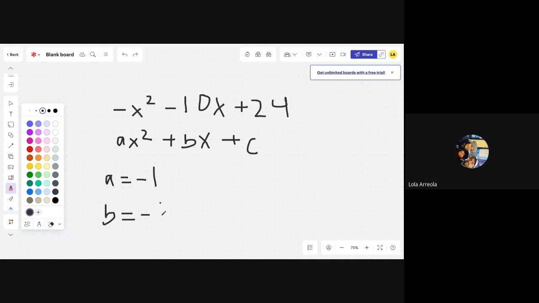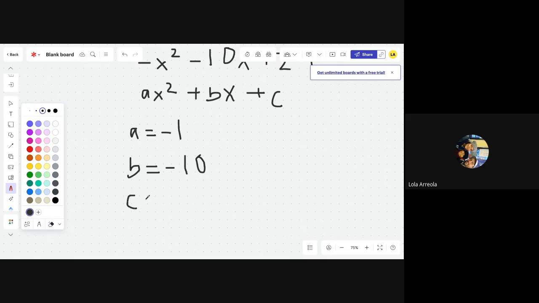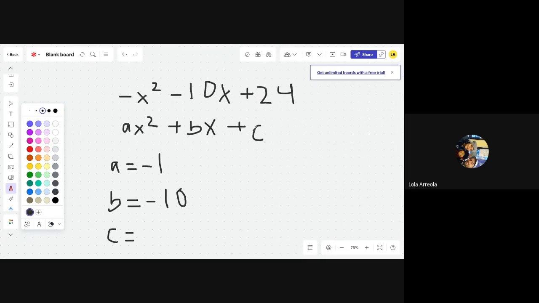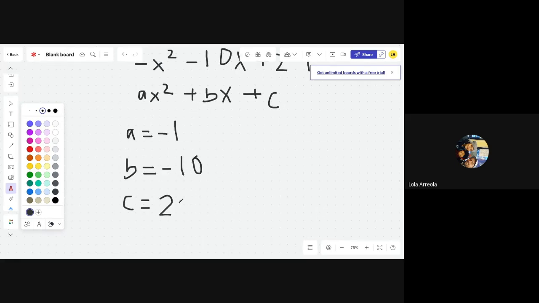It's a -10. And then my c term is just that final value by itself with no x attached to it. That's my constant. So I have a plus 24, so a positive 24. So now I know what A, B, and C are.